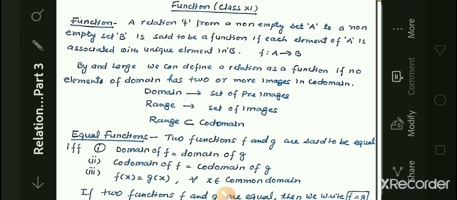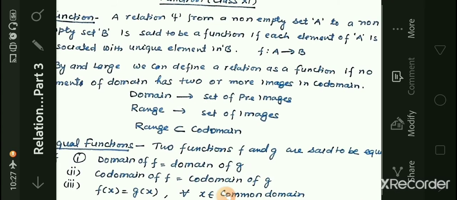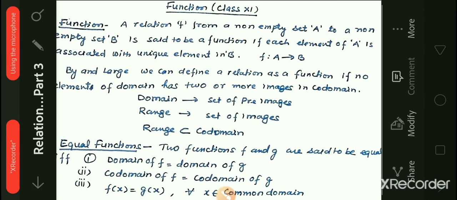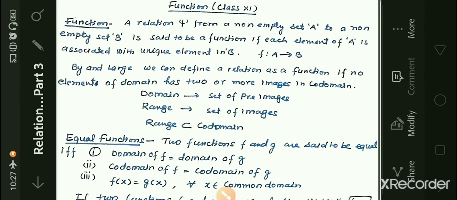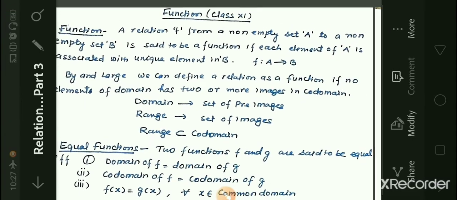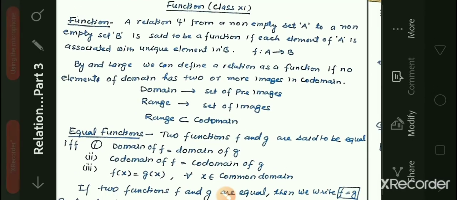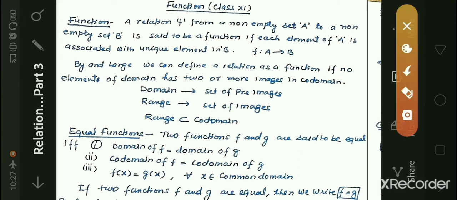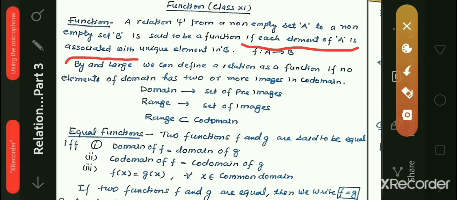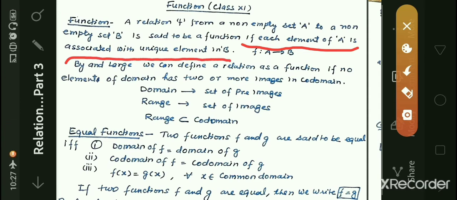Function, let's define function. A relation f from a non-empty set A to a non-empty set B is said to be a function if each element of A is associated with a unique element in B. This line is important because the entire definition of the function depends on this line only.